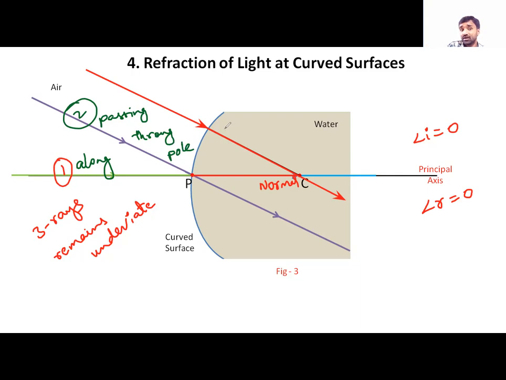What about the third? Passing through the center. Yes, passing through the center. But here, what can we say? Passing through the center or along the normal. Along the normal. Clear? Go for quick reaction. If there is any confusion, immediately ask me.